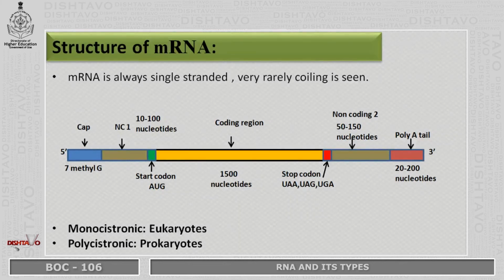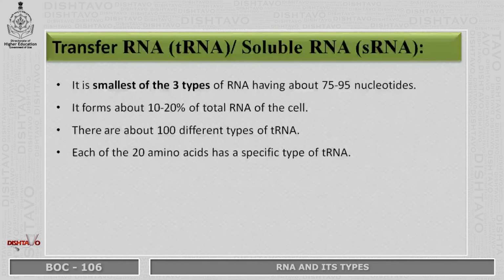Mostly it is 7-methylguanosine residue. Cap is absent in case of prokaryotes. In place of that, there is a 7 nucleotide sequence which helps in binding of ribosomes. In eukaryotes, we see a polyadenylate tail at the 3' end which is made up of about 20 to 200 nucleotides. This poly A tail is absent in case of prokaryotes.